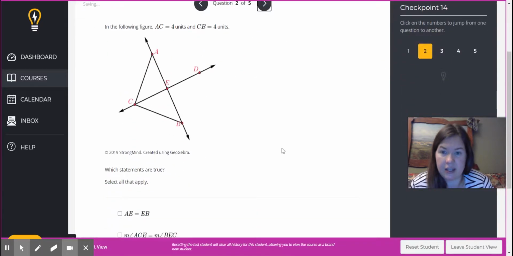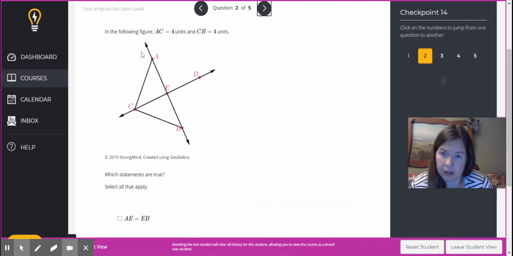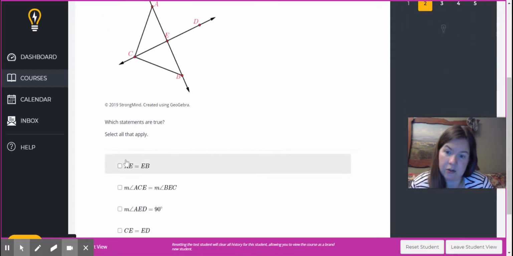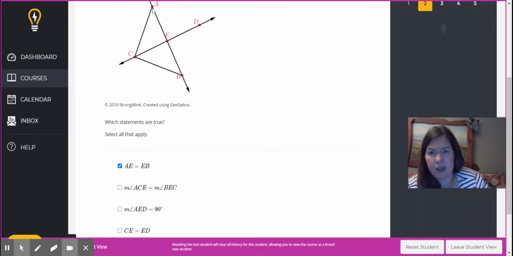And the following figure, AC is 4 and CB is 4. So if AC and AE are 4, then that forces this thing right here to be a right angle. So we know that AE is congruent to EB because it's the perpendicular bisector. Measure of angle ACE, so let's see. ACE, is it congruent to measure of angle BEC?